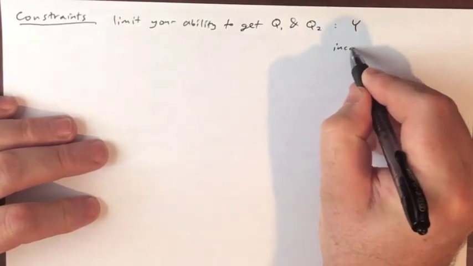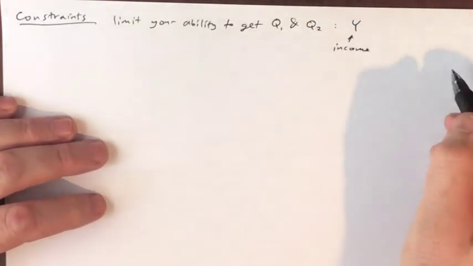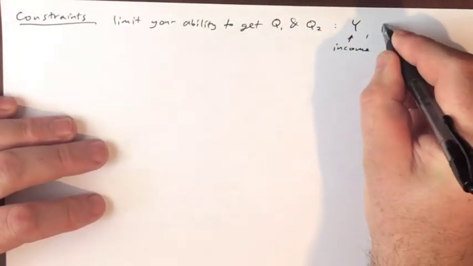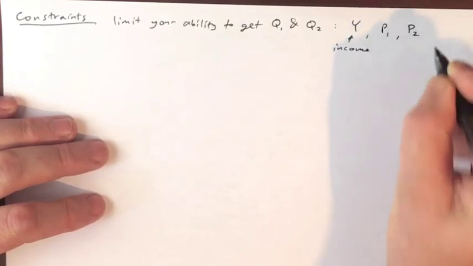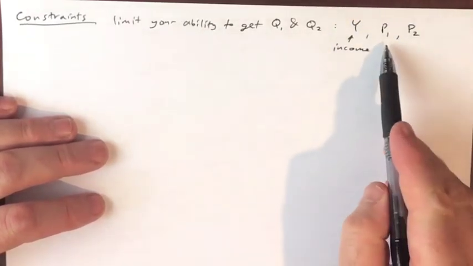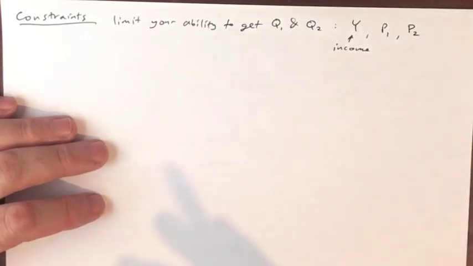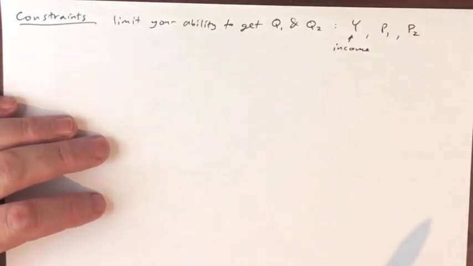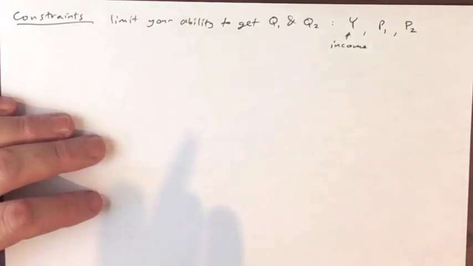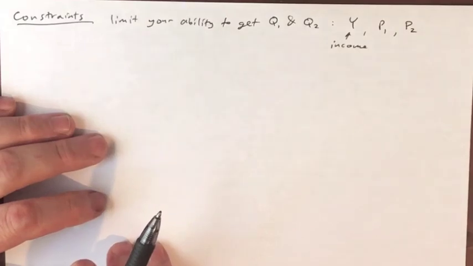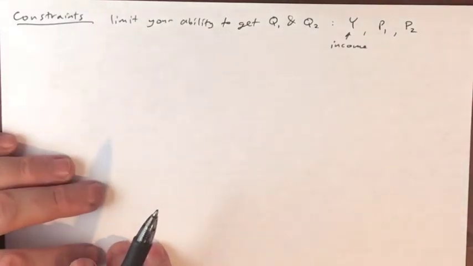Remember, we're using the term Y to stand for that, okay? Your income and the prices of these 2 goods, okay? The price of good 1, P1. The price of good 2, P2. That's what limits your ability to consume these goods, okay? Those 3 terms, Y, P1, and P2.